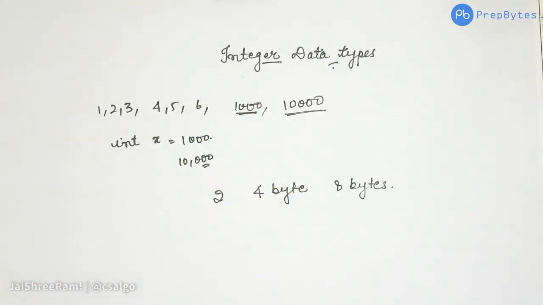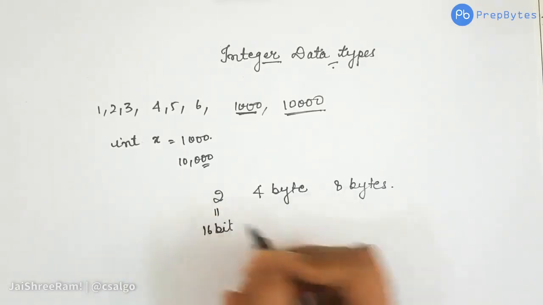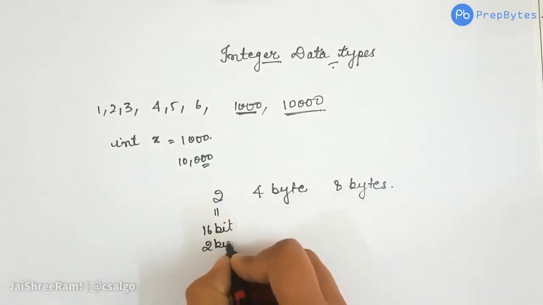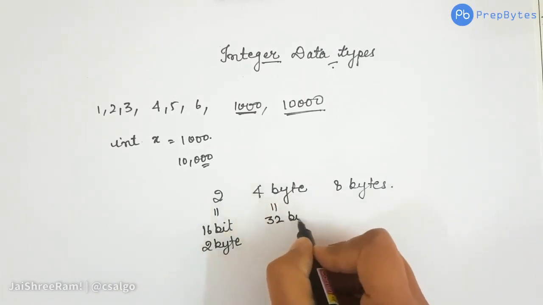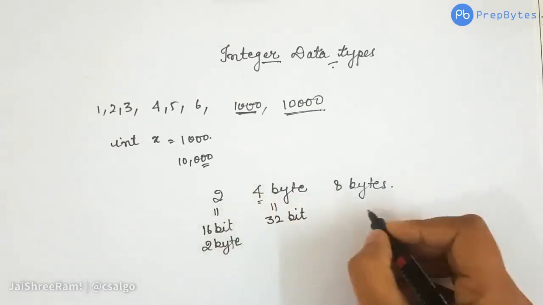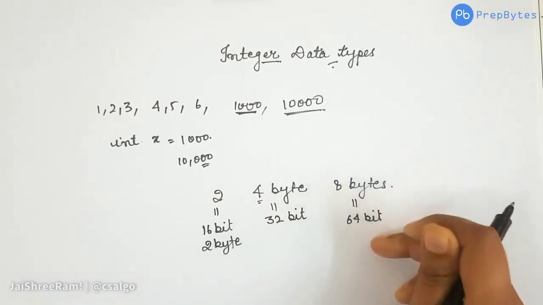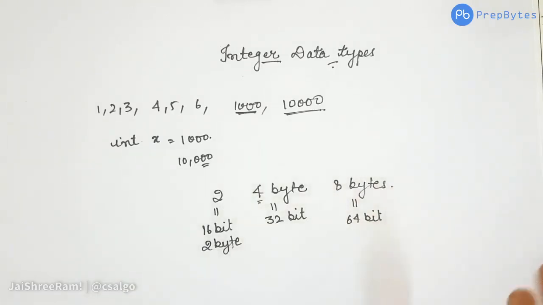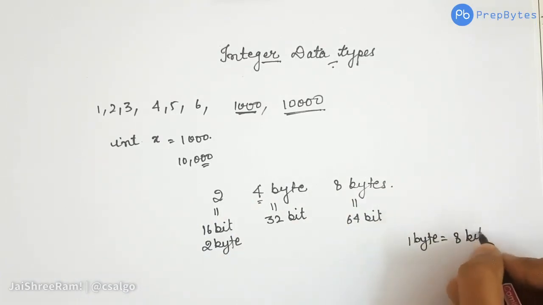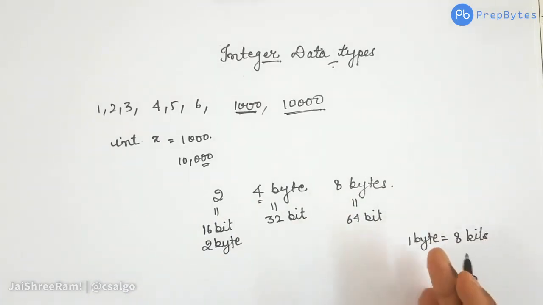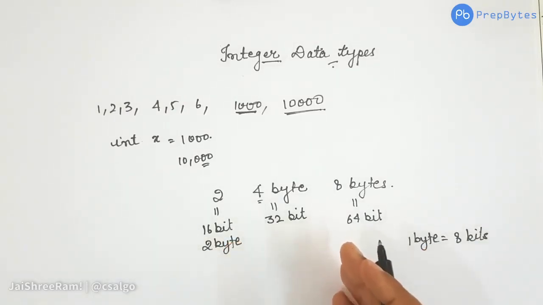If the operating system is 16-bit, which is 2 bytes, the size of integer is going to be 2 bytes. For a 32-bit operating system, the size is going to be 4 bytes, and for a 64-bit operating system, it is going to be 8 bytes, and as we know, 1 byte is equivalent to 8 bits. That is the reason the size of integer varies from compiler to compiler for different operating systems.